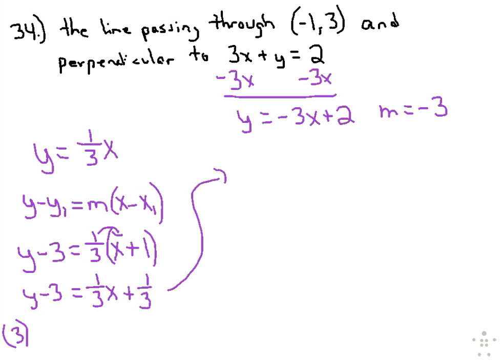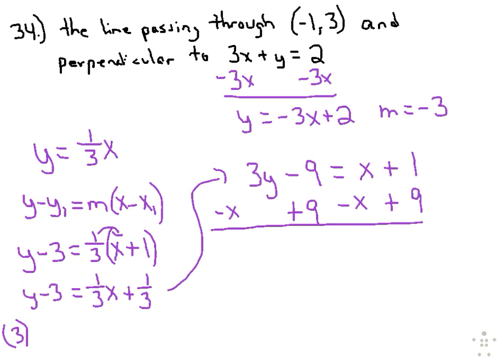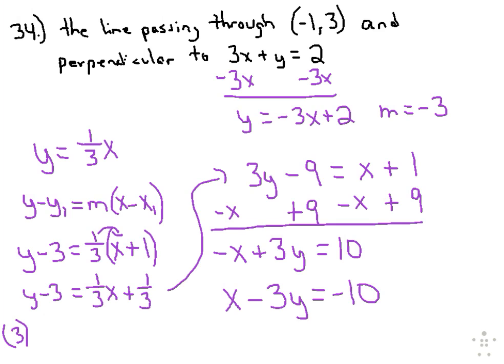So this means this is 3y minus 9 is equal to, that cancels the denominators, x plus 1. Now, let's get my x and y's on the same side. Gives me negative x plus 3y is equal to 10. Now, I'm supposed to have a positive coefficient on x, so I simply multiply everything by negative 1, or you can just simply change the signs. So x minus 3y is equal to negative 10. And that is in standard form.